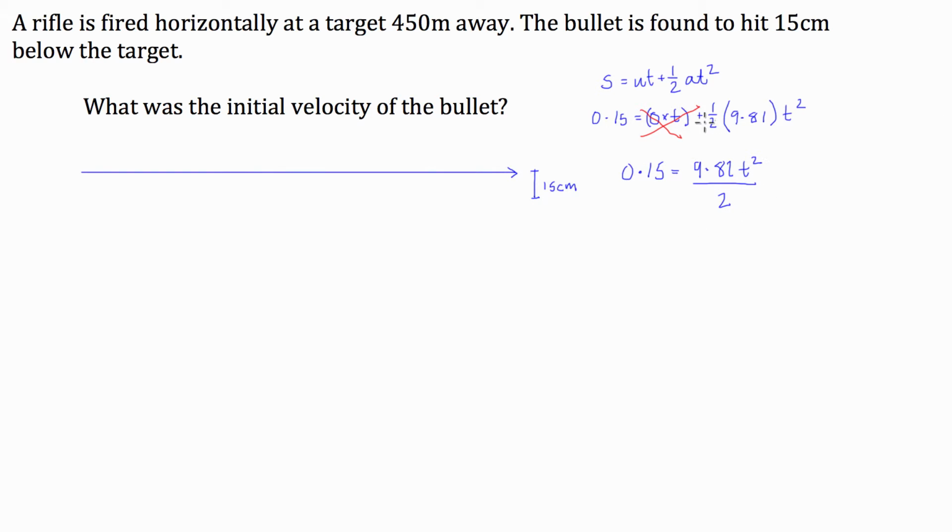Cool. So with a little bit of rearranging, we can get t equaling the square root of 0.3. Now that's because it's 2 times 0.15, divided by 9.81.